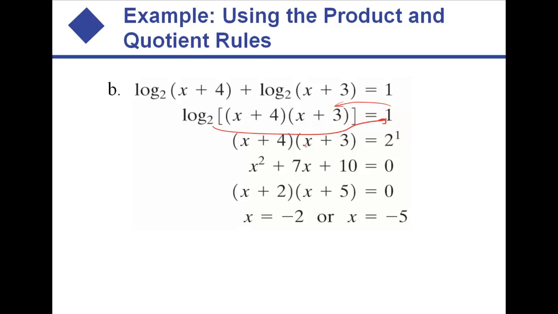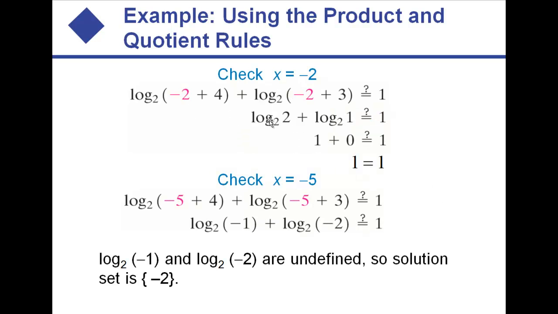They just skipped a step, because this would have been 12, and then you move the 2 over, that's why you get 10. Now try to refactor it so that we can solve. Get our 2 solutions here, -2 and -5. Check each of them. Plugging in -2 seems to work out okay. Plugging in -5, however, leads again to that problem of negatives inside the logs, so -2 is our only solution.